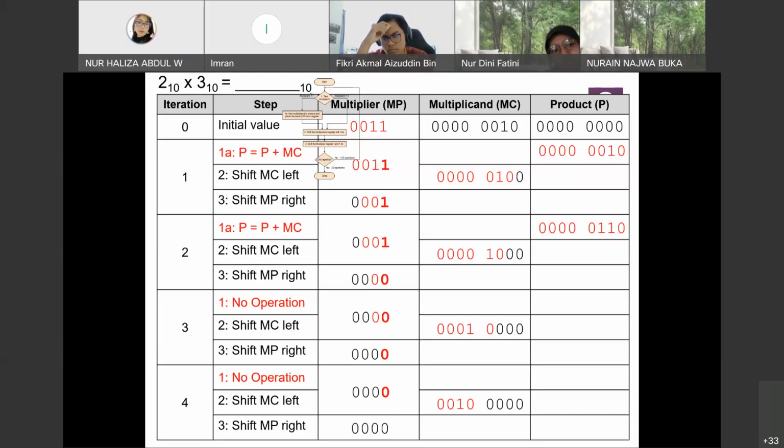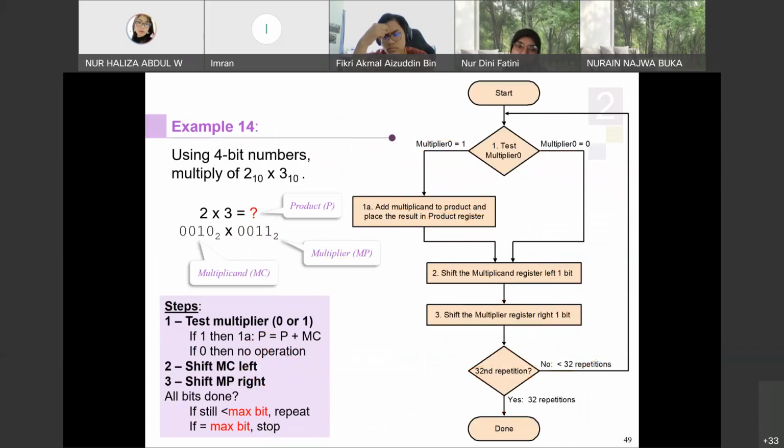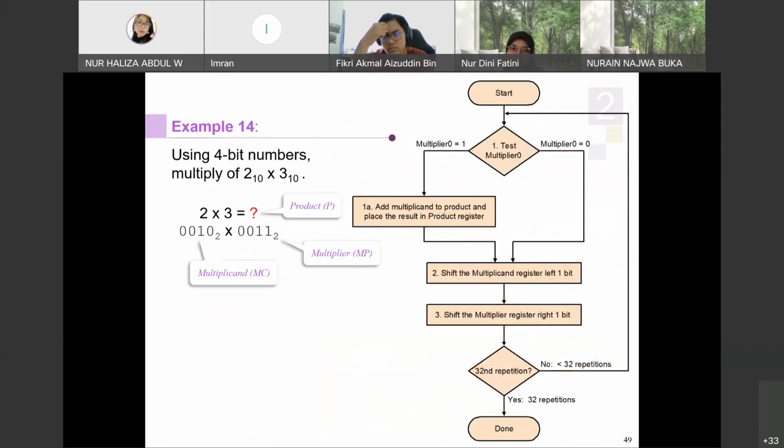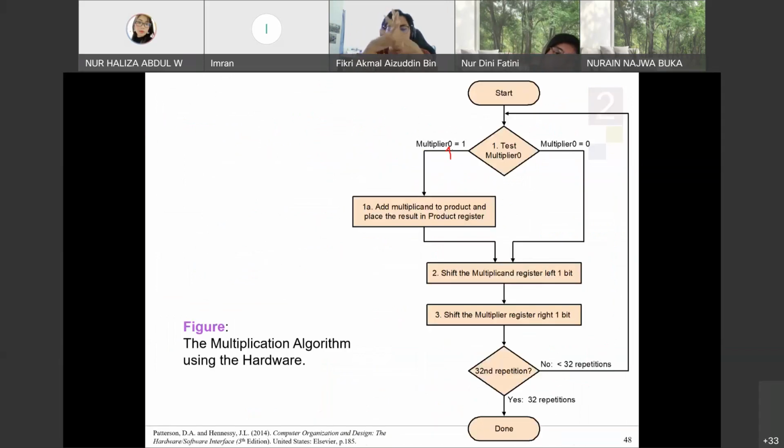We just look at the multiplier, the first version of the multiplier is looking at bit 0.